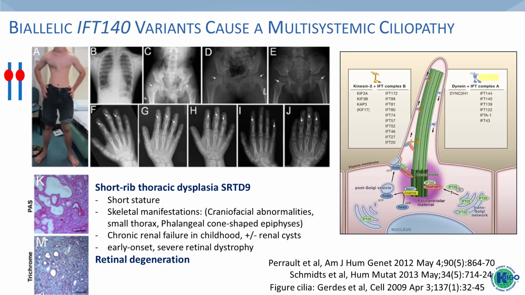It can also be associated with severe retinal dystrophy. IFT140 is a principal component of the IFT-A core complex, and the IFT-A proteins are responsible for retrograde trafficking of proteins from the ciliary tip back to the basal cell body.